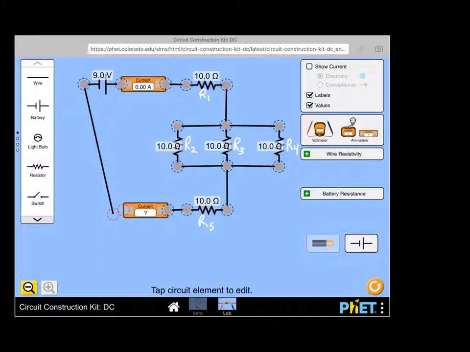Now, you don't have to put in the current values, I'm going to leave that open for the moment. Don't put in the current boxes, just leave those out, if you will.